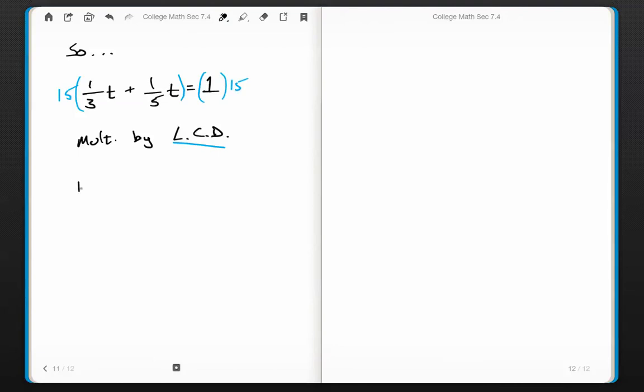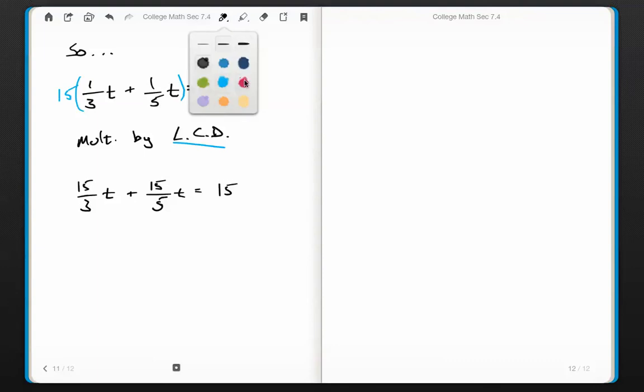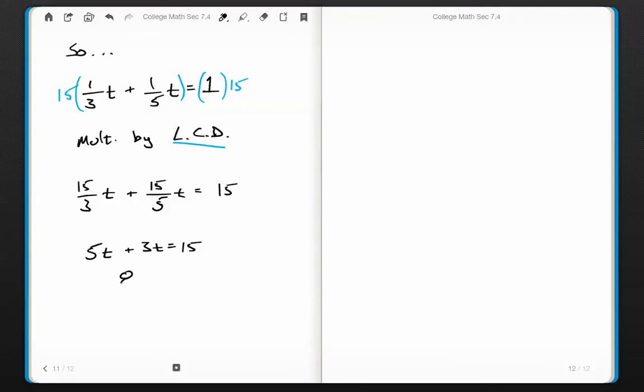So we have 15 over 3 t plus 15 over 5 t equals 15. We don't have any fractions left, because 15 over 3 is just 5t plus 3t equals 15. So 8t equals 15. Divide both sides by 8.